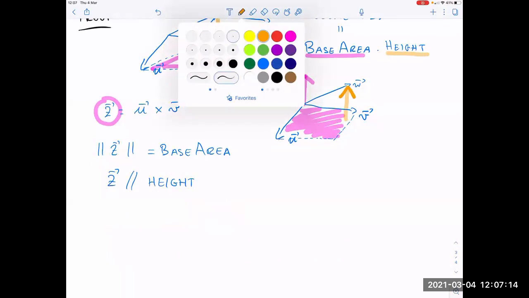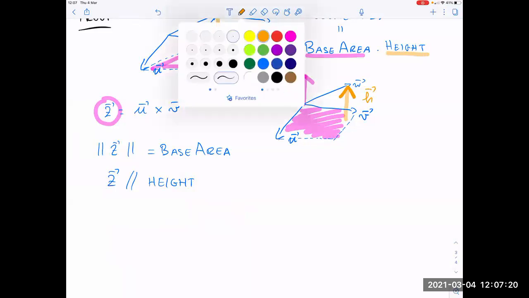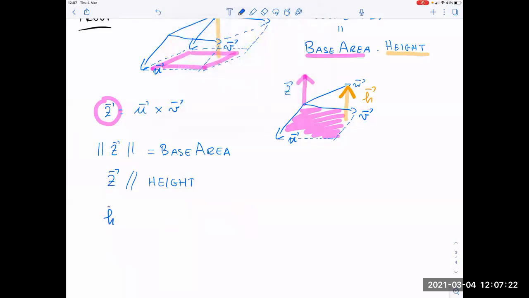And this orange vector, I call, say, h with an arrow. Okay. So I want to get that. So h is the orthogonal projection of w along z. So it is w dot z, z divided by magnitude of z square.